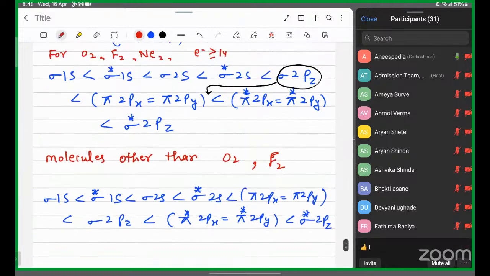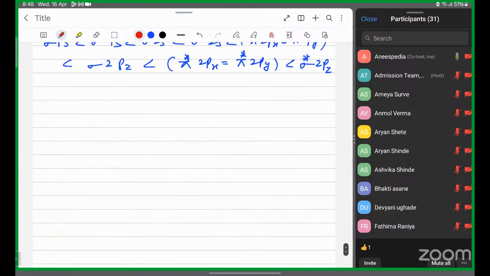In this concept, we have two types of orbitals. One orbital is with a star and one orbital is without a star. For example, we have sigma and sigma star, and pi and pi star.